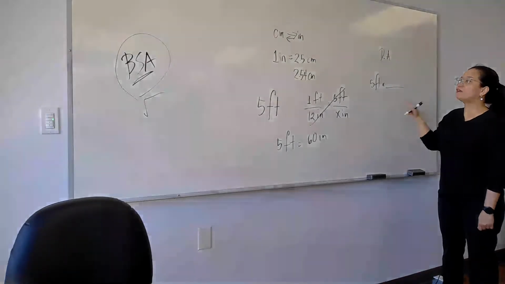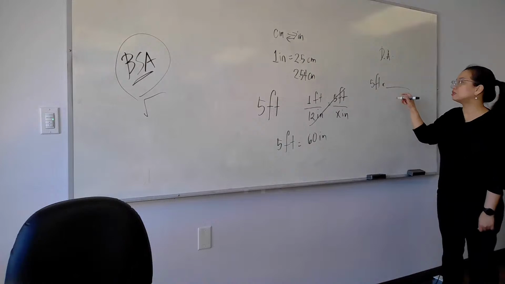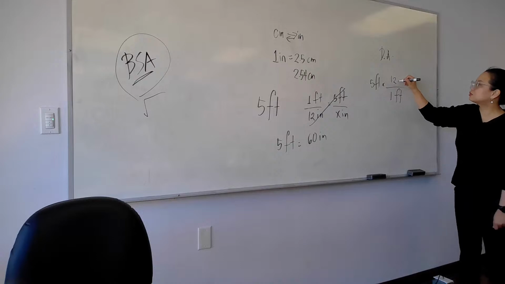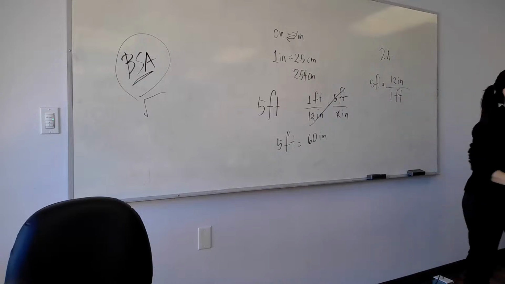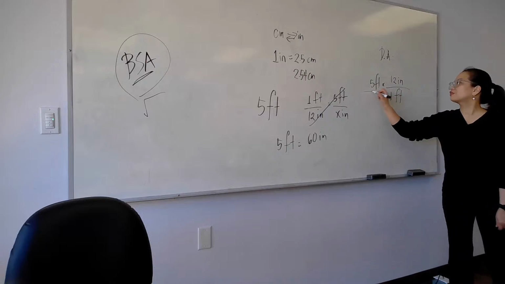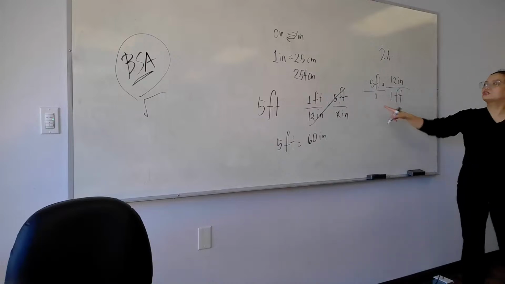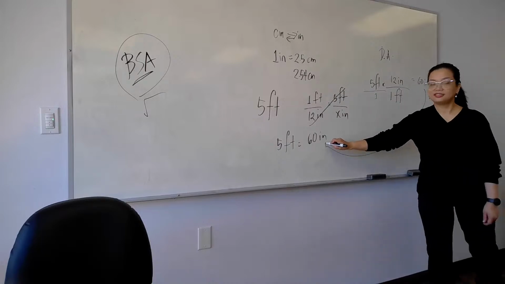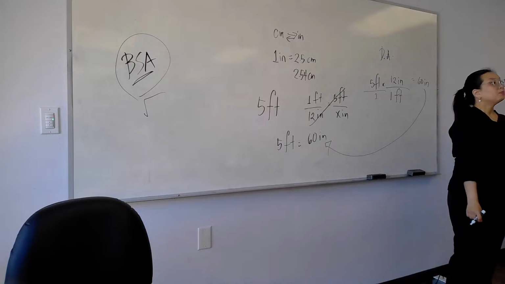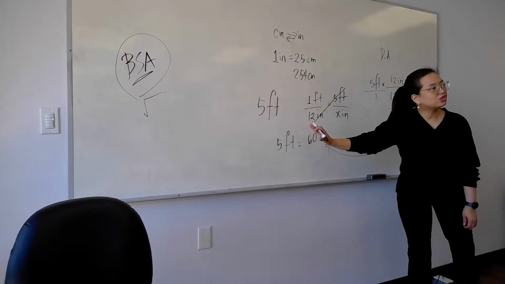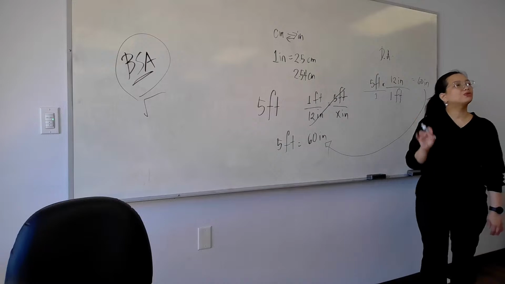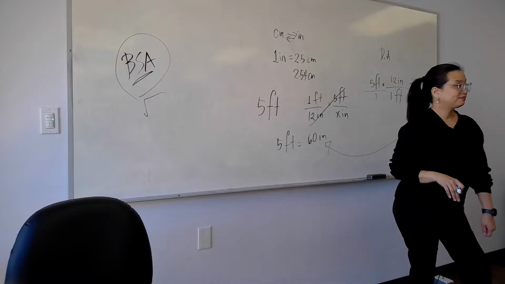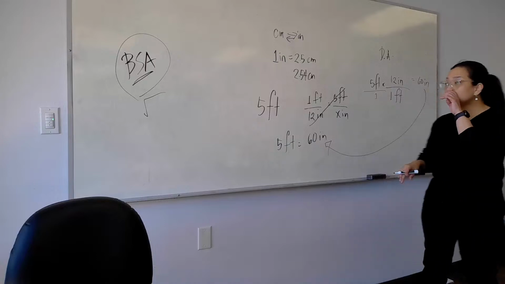I have to have foot at the bottom for me to be able to cancel it. 1 foot is 12 inches. Remember the rule in fractions: there's an invisible one here. You multiply all. It's exactly the same. But by setting it up, ratio and proportion or dimensional analysis, it proved to me that what I was doing, multiplying it in my head, is right. Is that clear?